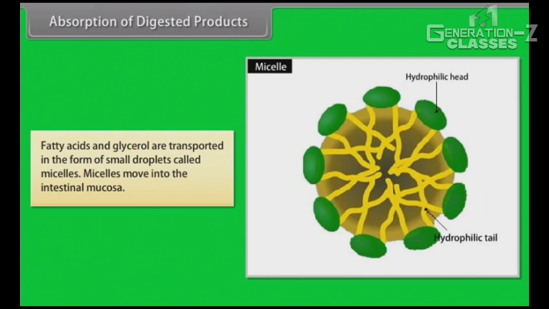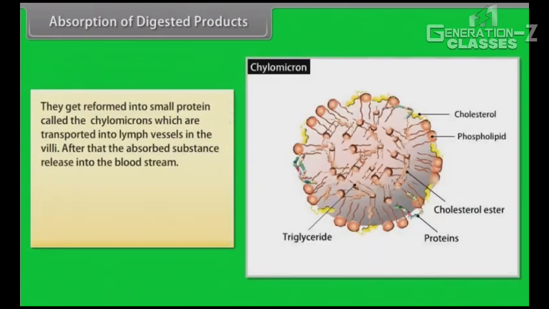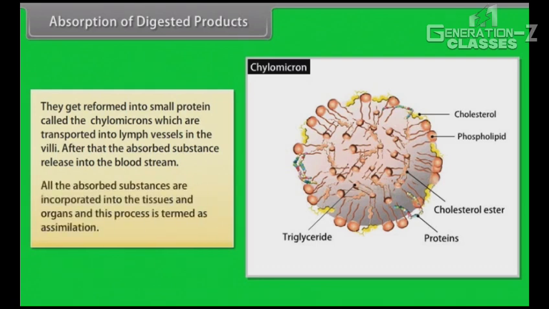Micelles move into the intestinal mucosa. They get reformed into small protein-coated globules called chylomicrons, which are transported into lymph vessels in the villi. After that, the absorbed substances are released into the bloodstream. All the absorbed substances are incorporated into the tissues and organs, and this process is termed assimilation.